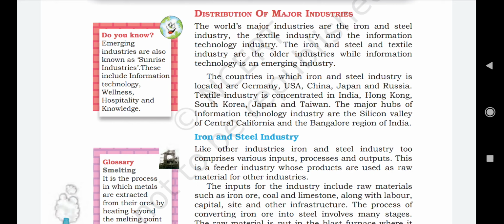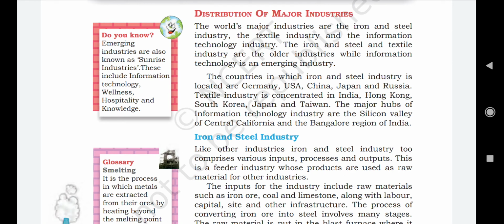From the time of the Mughals, emperors and the Britishers, India had iron and steel as well as textile industries. Information technology is an emerging industry that started several years ago.